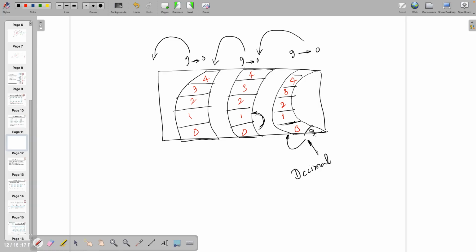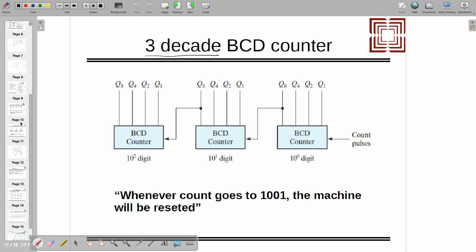But when we are talking about BCD, which is binary coded decimal, that is also kind of decimal only. So what this counting is doing, you have to go till 1001. So this is just a representation of the whole thing. This dot is not only from here, it's actually from all four together, right?